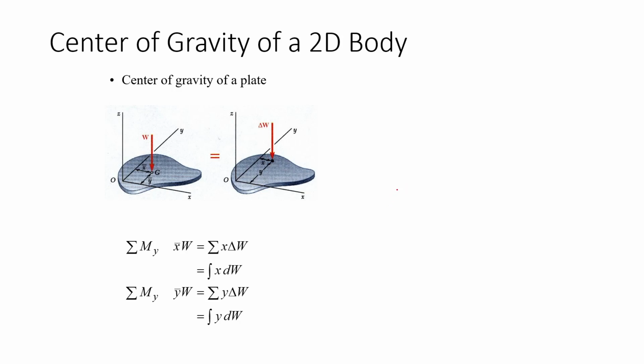Okay, so this is what the formula for center of gravity looks like. If you want to understand the formula, summation of moment about y, this is moment. That's what the term earlier was referring to. Moment about y, and I think the simpler term for moment would be torque.